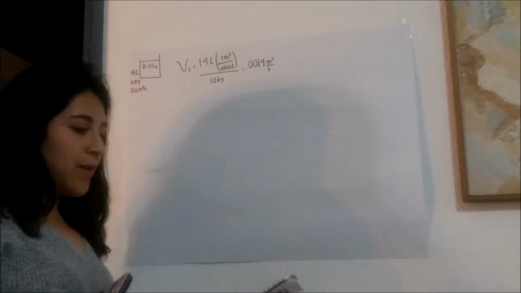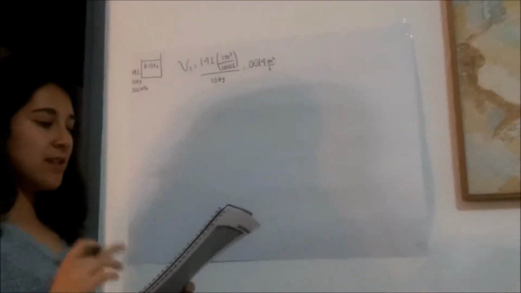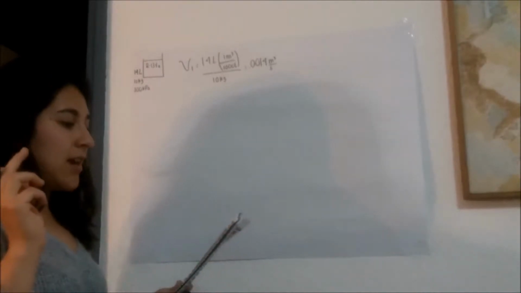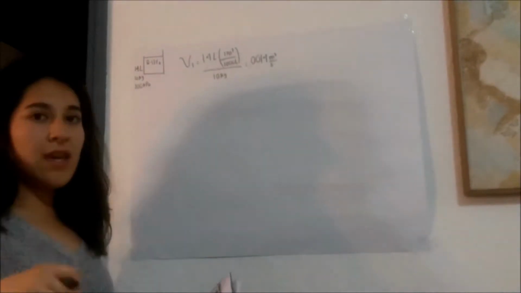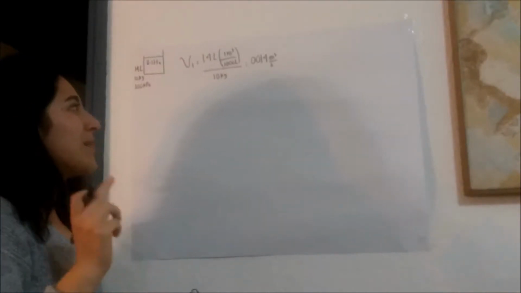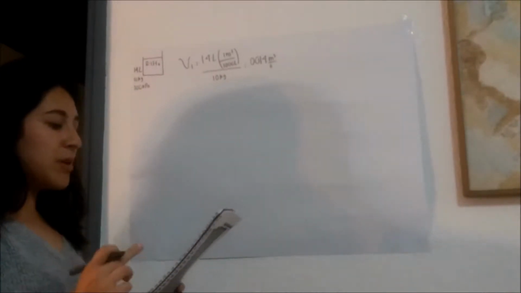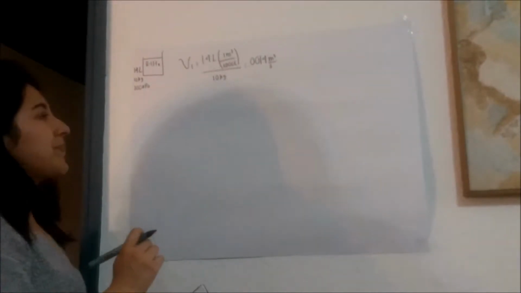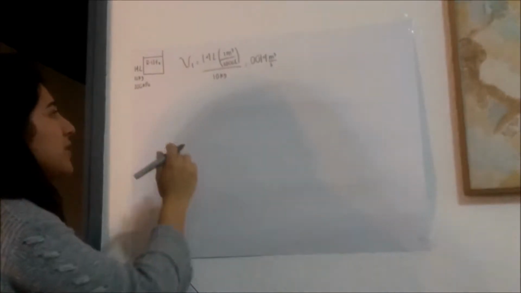So in this case we have to find with our tables our specific volumes vf and vg. In table A12 we have our data, but we do not have this data at 300 kilopascals, so we have to interpolate.